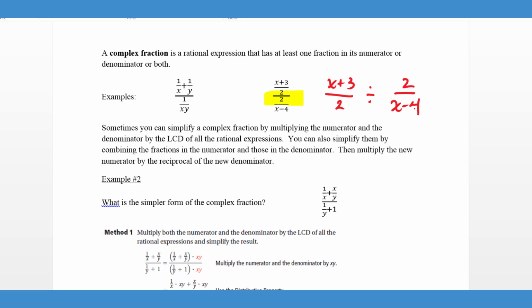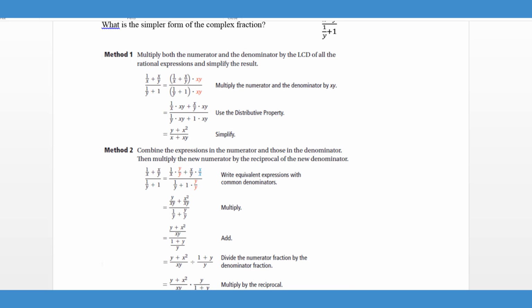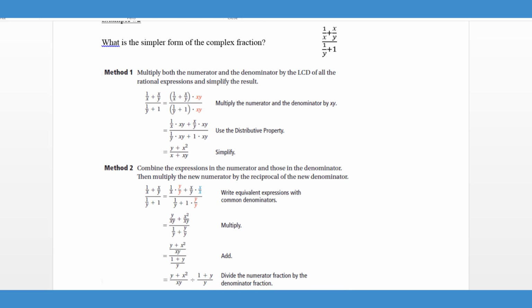To make this work, I would get the common denominators and simplify the rational expressions right off the bat, and then I would change it to a division problem. If we go down to example number 2, you can see that we give you two methods to simplify the same problem. Personally, I enjoy method number 2 better.